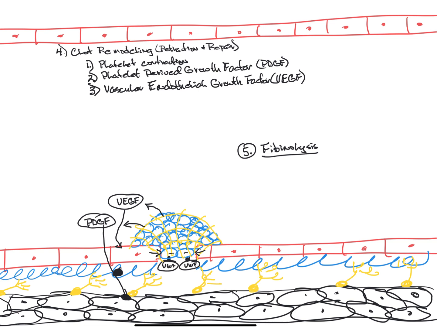And what you'll see is on the endothelial lining, you will have these proteins that are here. These are normal proteins that occur on the endothelial surface, and these are known as tissue plasminogen activators, or we write it as TPAs.